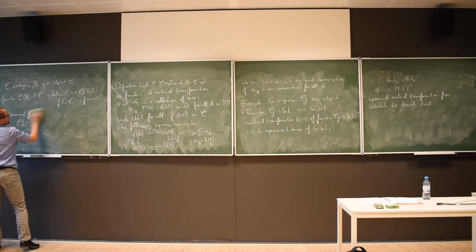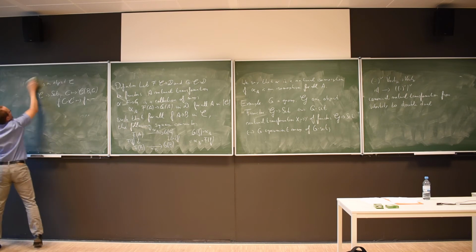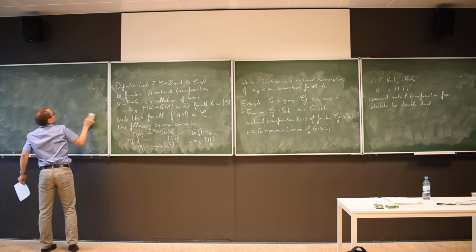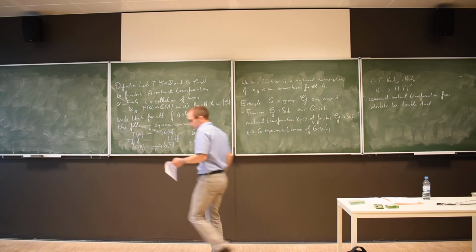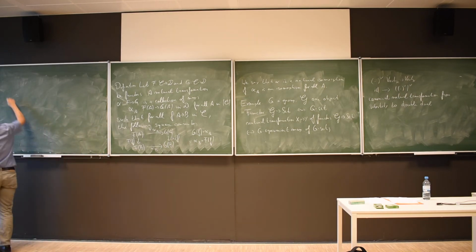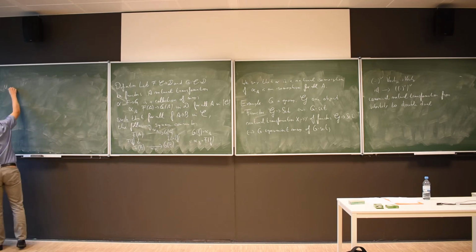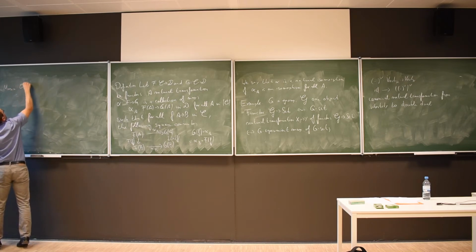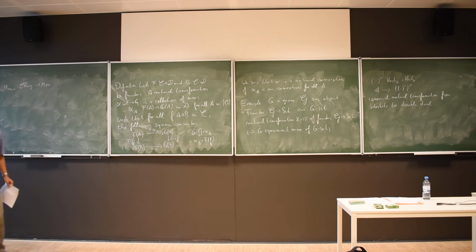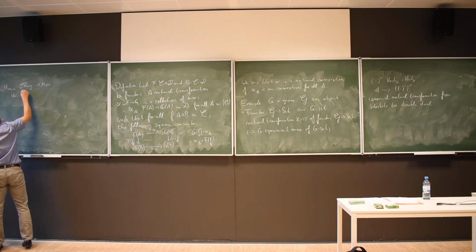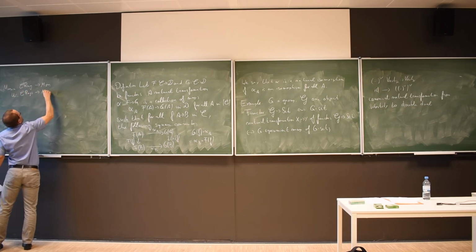I'll give another non-trivial example of a natural transformation. Among the examples for functors, we saw that the n times n matrices can be viewed as a functor from commutative rings to monoids, and now it's important that I say monoids. But there's of course also the forgetful functor from commutative rings to monoids.